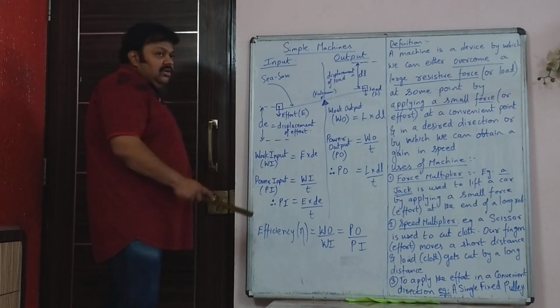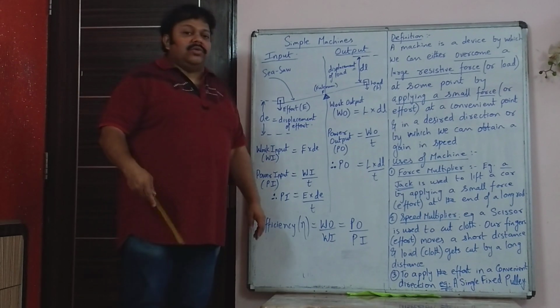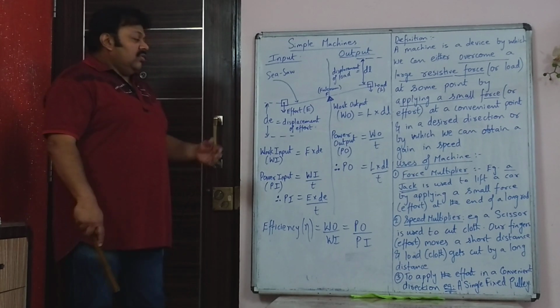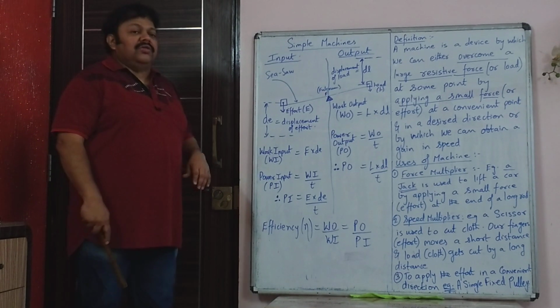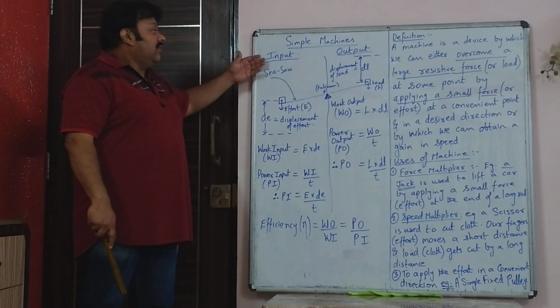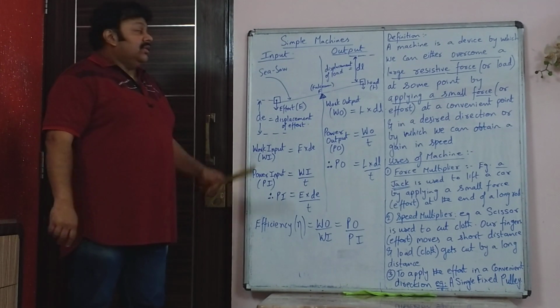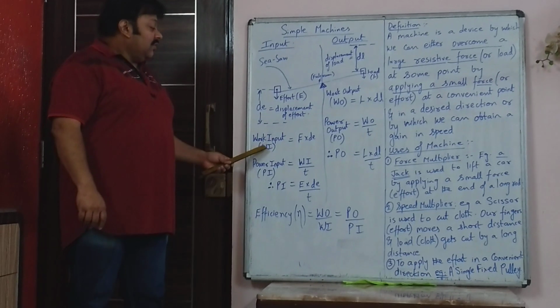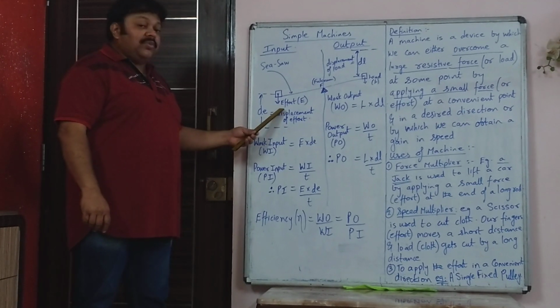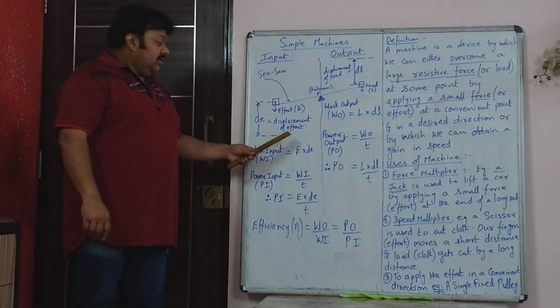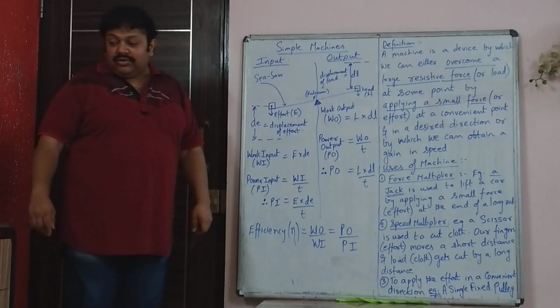So work. Now the work formula is force into displacement. So now you are talking about work input. If you are calling it work input, then that work input will be the force on the input side, that is effort, into displacement of effort.